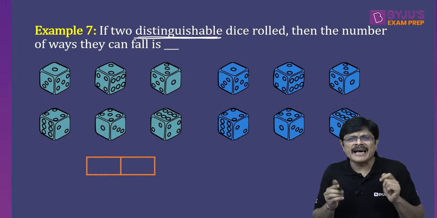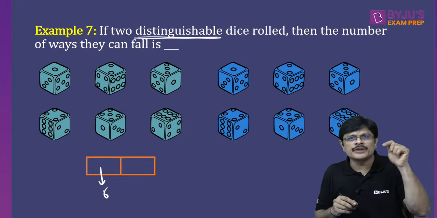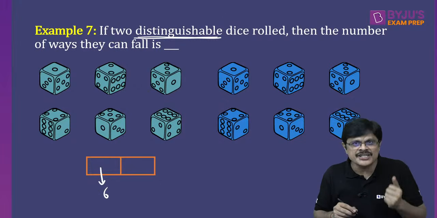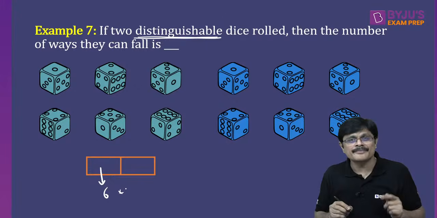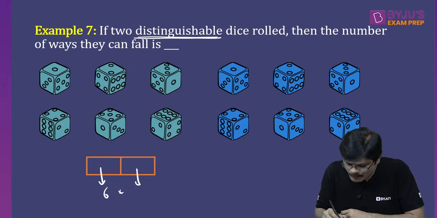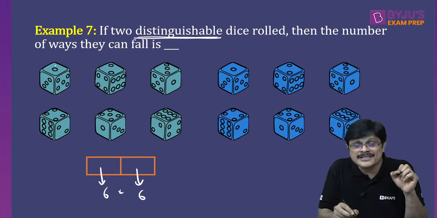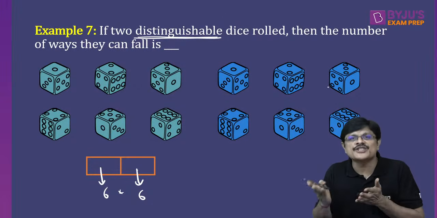See, each die is having how many choices, sir? First die is having 6 choices. It can be 1, it can be 2, 3, 4, 5 or 6 on greenish die, followed by it can be 1, 2, 3, 4, 5 or 6 on bluish die. See, for each of these choices, there are 6 choices of second die. So for 6 choices, how many choices will be there?